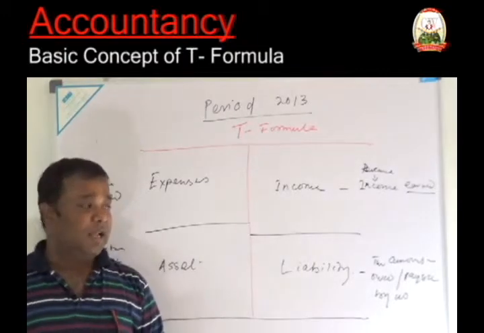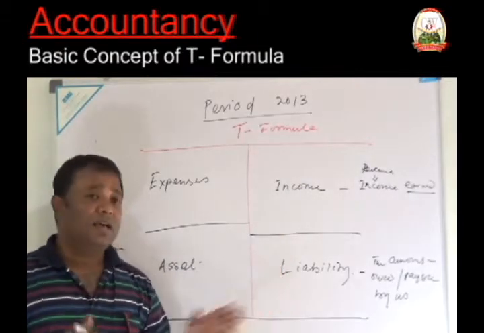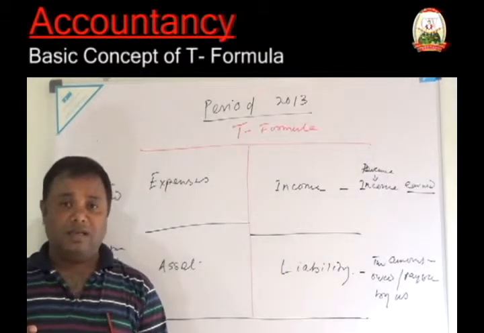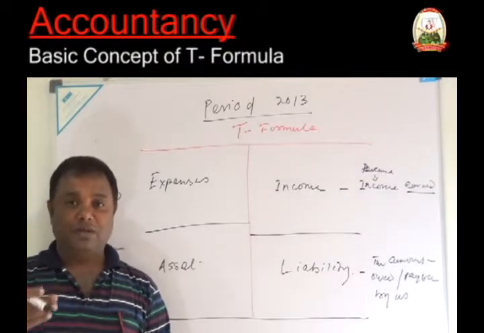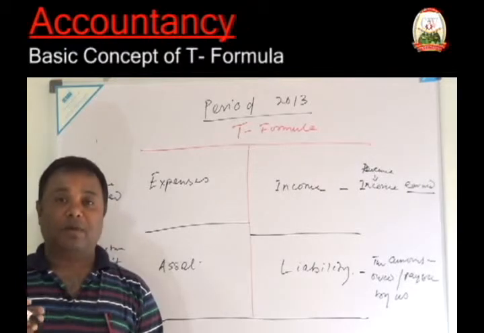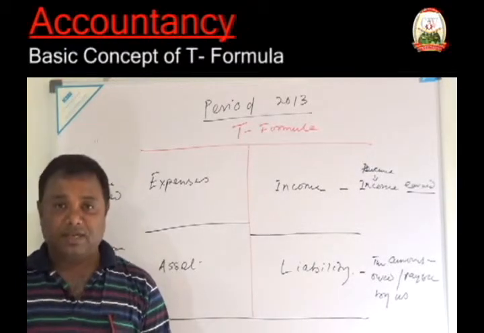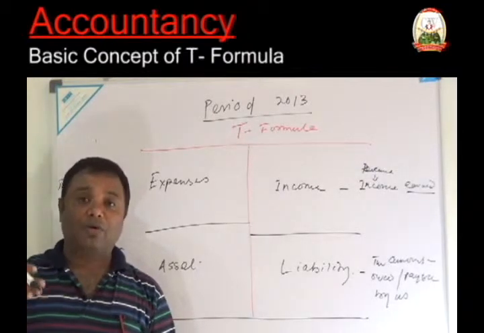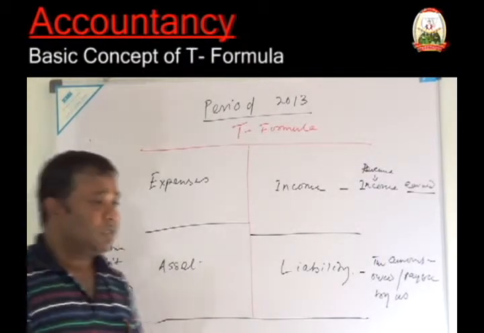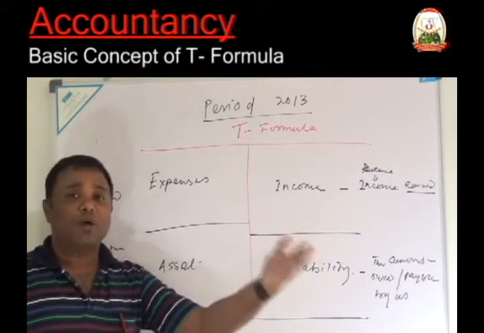who earned that money. Similarly, the liability is also like that, because for liability you owe some money that is payable to somebody else. That means you have to pay some money to outsiders.